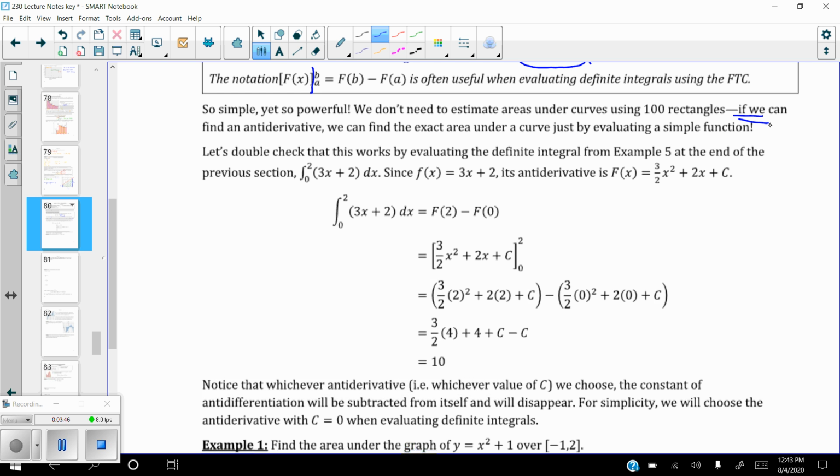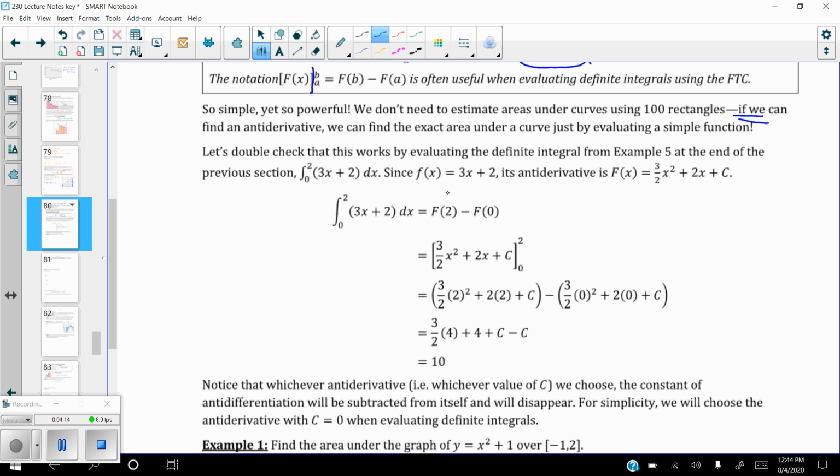Okay, so let's see that this actually works. Let's check this definite integral from example 5 at the end of the previous section, the integral from 0 to 2 of 3x plus 2 dx. Remember, I did tell you there would be an algebraic way to solve this? Well, here it is. Since lowercase f of x is 3x plus 2, its antiderivative is going to be capital F of x equals 3/2 x squared plus 2x plus some constant c.